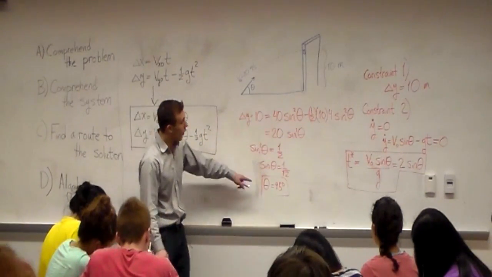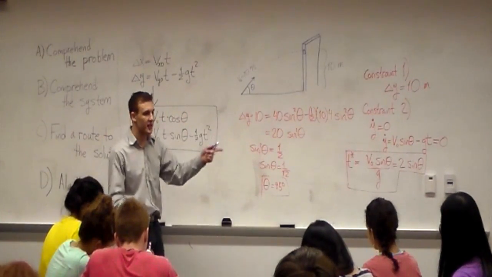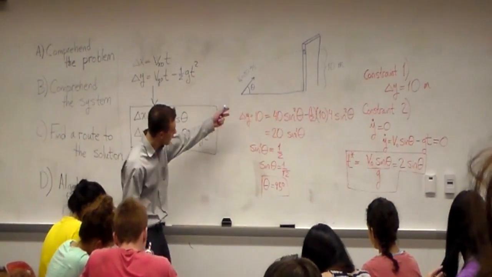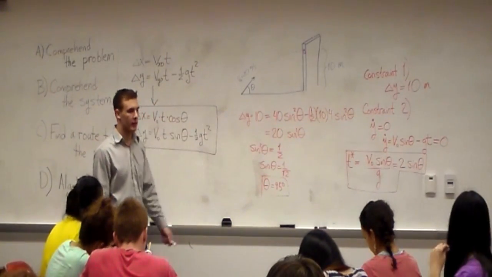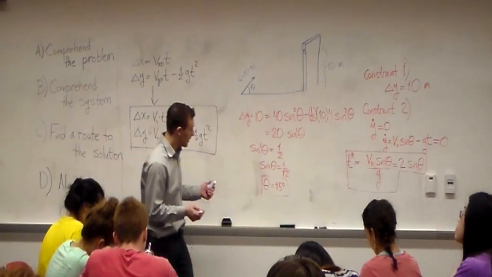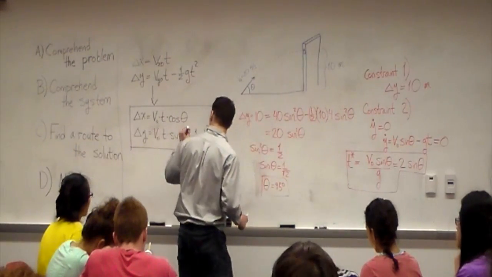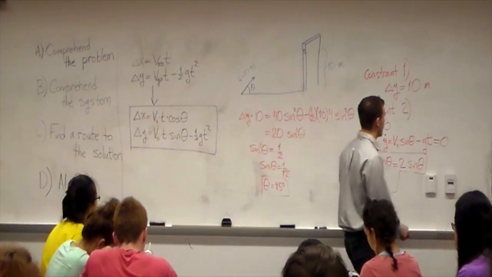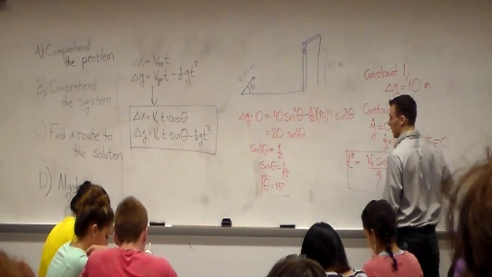So I didn't want to know the time. I wanted to know the angle and the range. But I found the time first because it's kind of an intermediate step. And now look, I found the angle. Can I find the range now? Can I find where I should have placed it? Sure. Because I know the time, and I also know delta x.